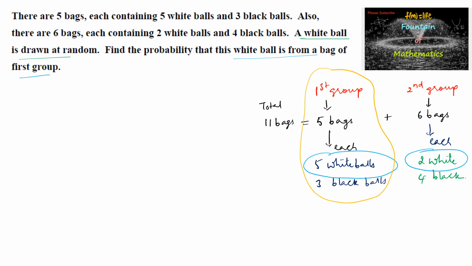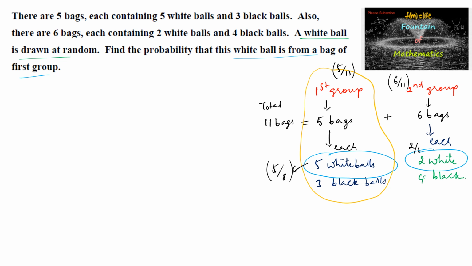So we can say directly here, selection of the first group, its probability is 5 out of 11, and probability of selecting the second group is 6 out of 11, and probability of getting the white ball from the first group is 5 out of 8, and probability of getting the white balls from the second group is 2 out of 6.